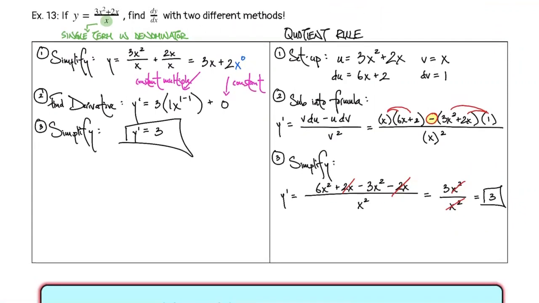So let me just leave this up here for a moment. Are there any questions about this particular example? That is a great question.